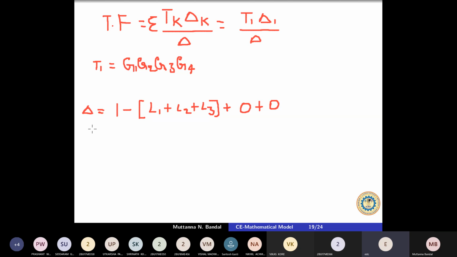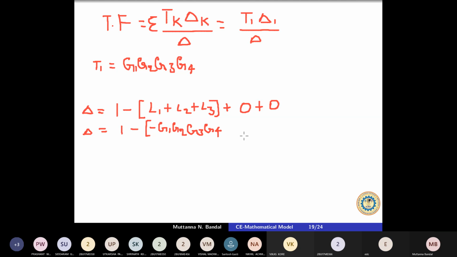Now if I substitute, delta is equal to 1 minus, what was loop 1? Minus G1 G2 G3 G4.